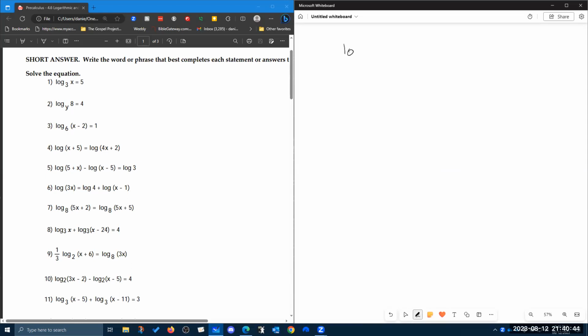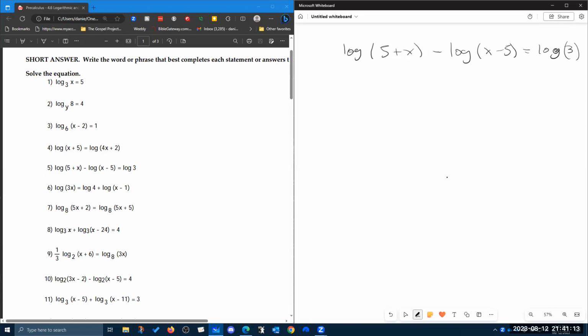Log base 10 of 5 plus x minus log base 10 of x minus 5 equals log base 10 of 3. There we go.